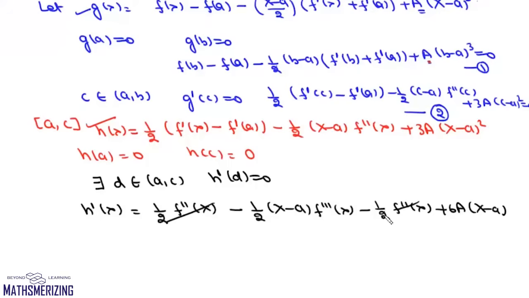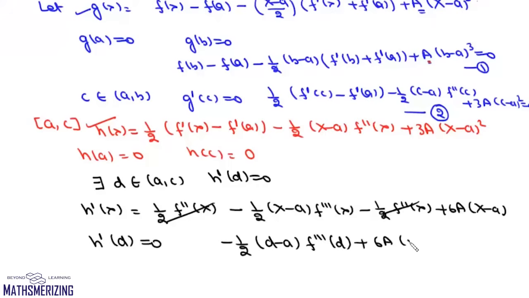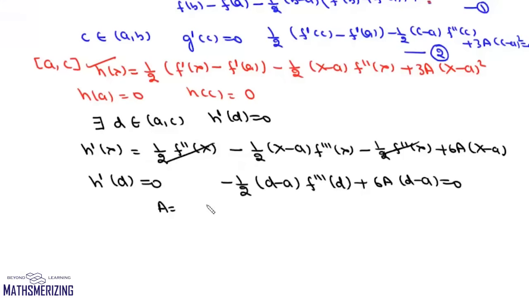Now this f''(x) will cancel. Rolle's theorem says there will be at least one point d where this derivative is 0. So we can write -1/2 (d - a) f'''(d) + 6A (d - a) = 0. We'll get the value of A as 1/12 f'''(d).